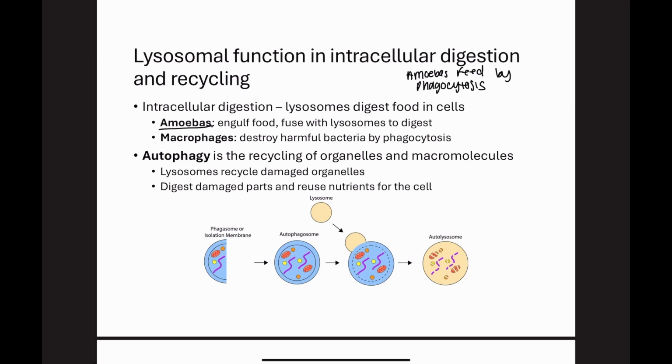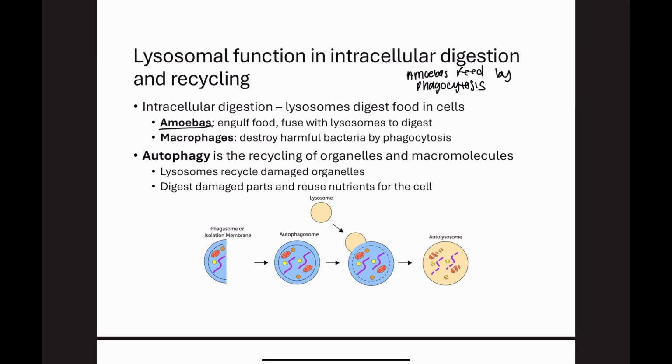And phagocytosis is the engulfment of smaller organisms or food particles. When they engulf food, they have that ingested material in something called a food vacuole. And then that food vacuole is going to fuse with the lysosome for digestion. As our macromolecules are broken down, their monomers are going to pass into the cytosol and serve as nutrients.